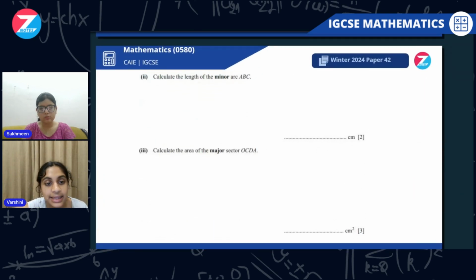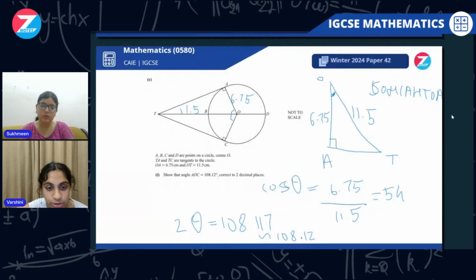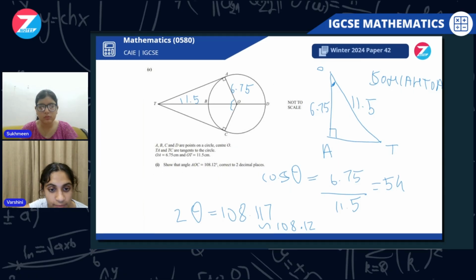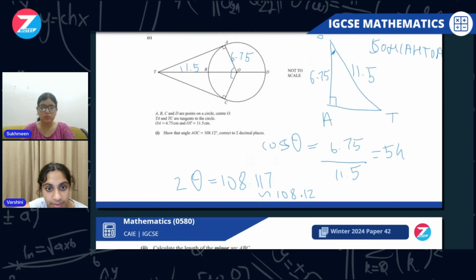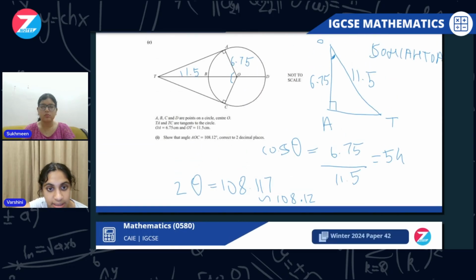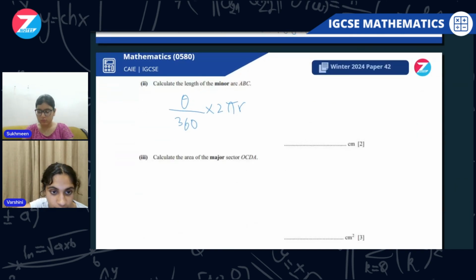Okay, calculate the length of the minor arc ABC. The minor arc is the smaller arc, so ABC is going to be this arc. We know the formula for arc length is theta by 360 into 2 pi r. Theta of ABC, which is AOC, which we just calculated, is 108.12.